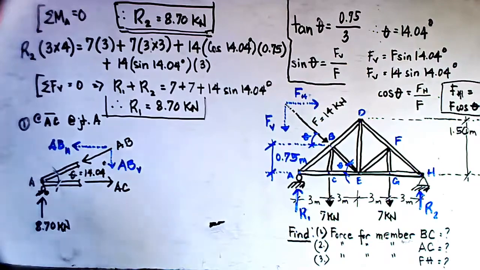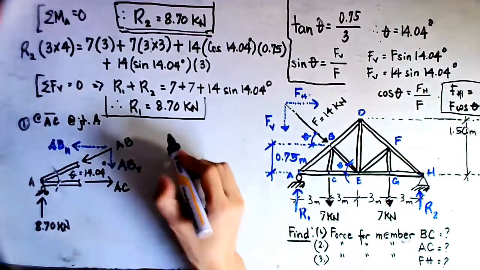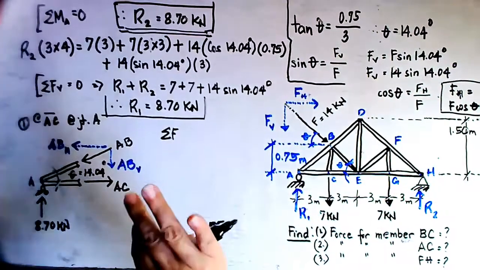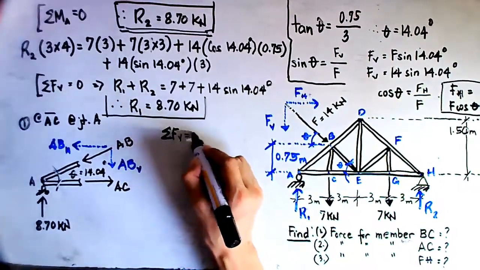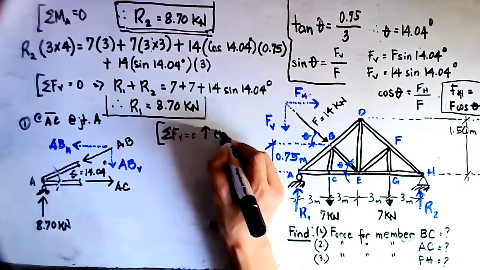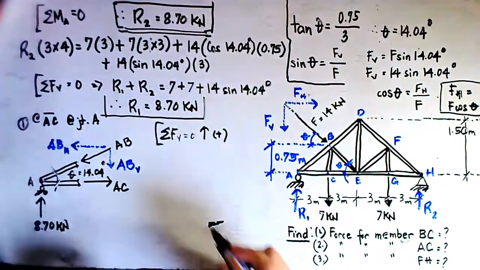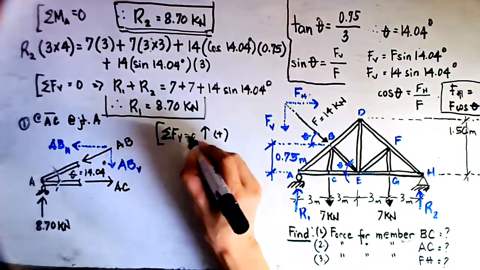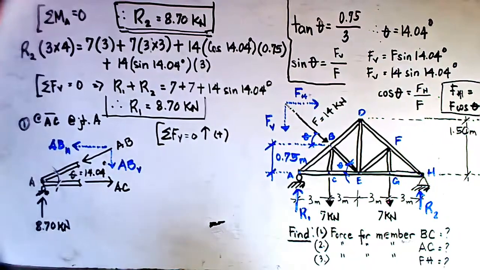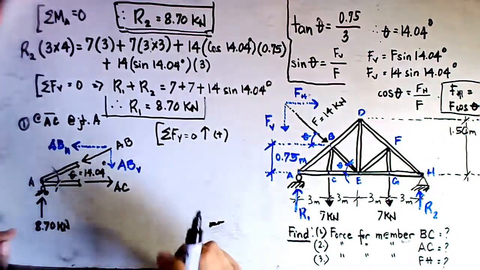Then we need to just take summation of force vertical equals to 0, all forces upward positive. The technique is you start with those which are given already, and you start with a joint with the least number of unknown members.